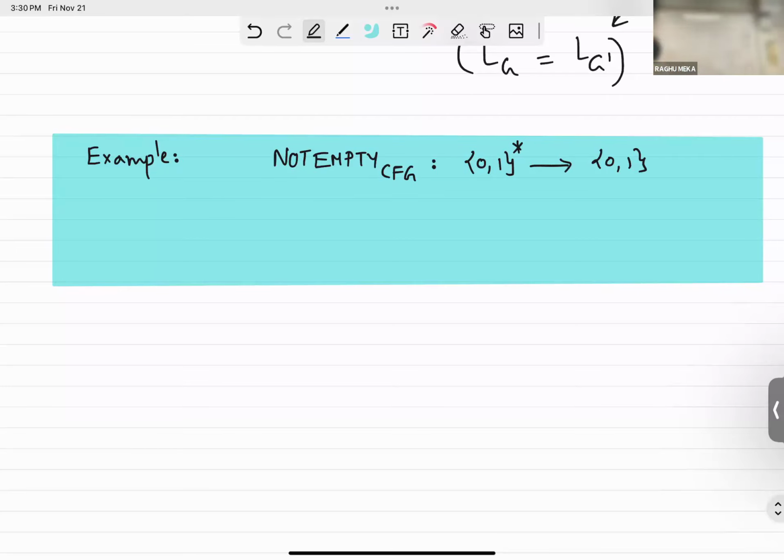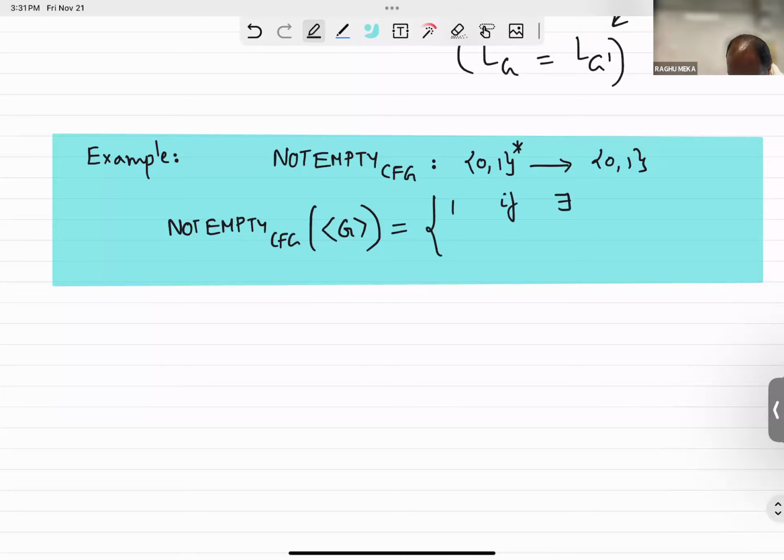Remember, we defined not empty of a Turing machine. So not empty took the description of a Turing machine and checked if there is a single string which makes M output 1. The same thing here. So not empty CFG takes the description of a grammar and outputs 1 if there exists some string x in the language of G, 0 otherwise.